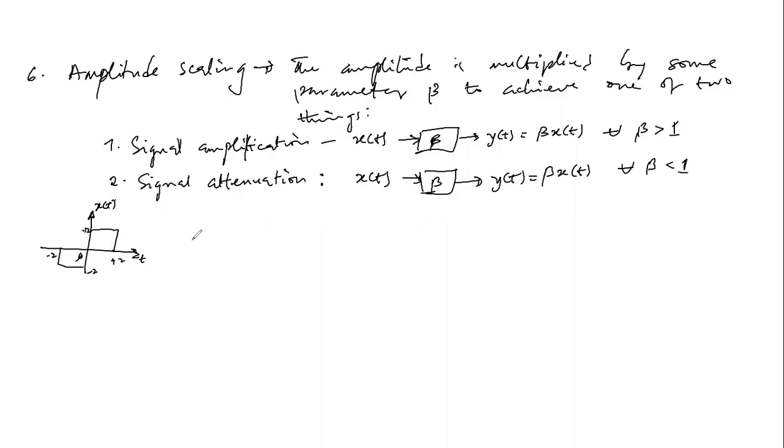So if we feed this through a system, say beta is the same as 2. So here, this is greater than 1, so we should expect amplification, since beta is greater than 1. So this is going to give us something like this.